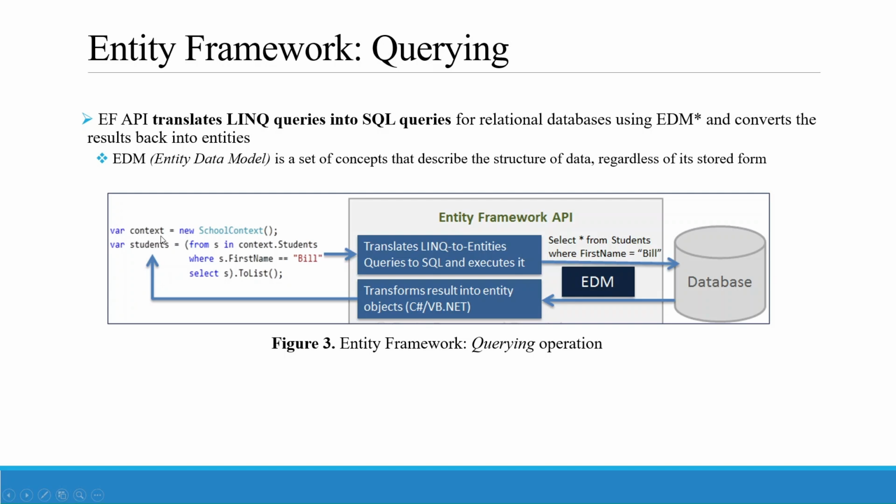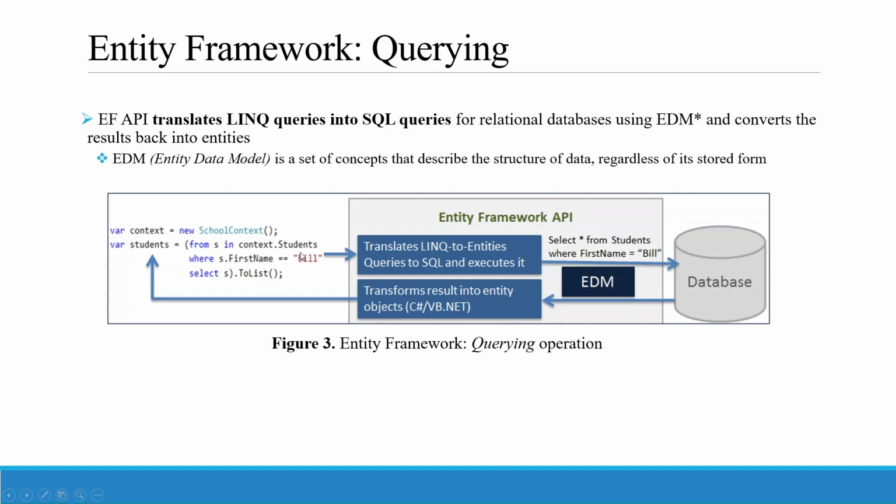On the left, the first line creates an object of type SchoolContext. On the following line, we have a C# LINQ query. Notice that it's similar to the SQL code: from s in context.Students where s.FirstName equals Bill, select s, ToList.